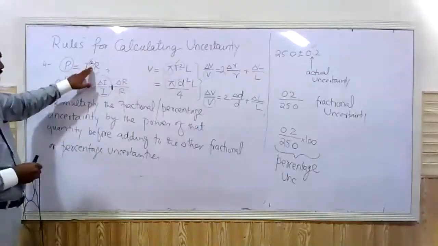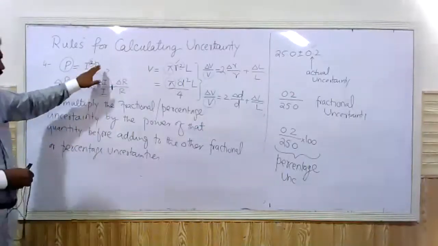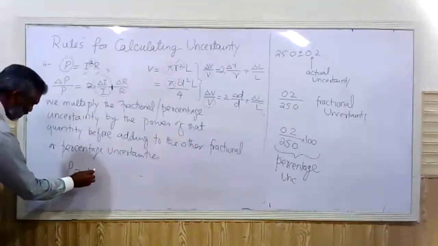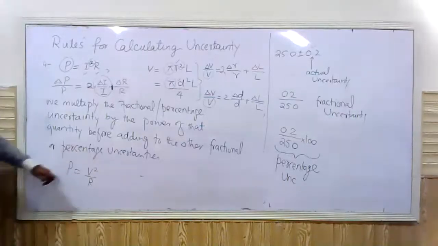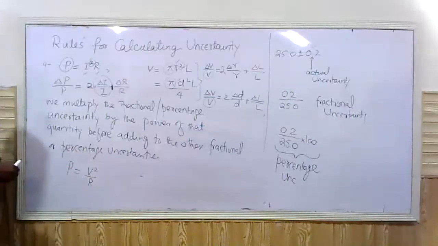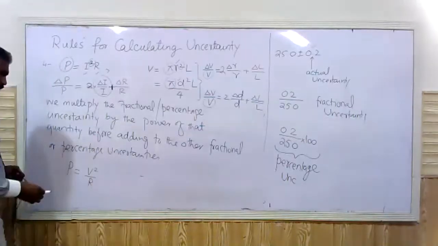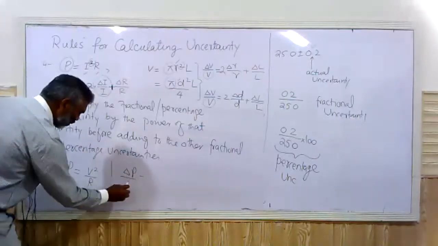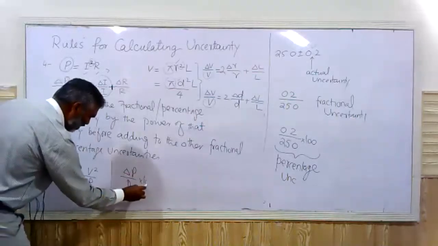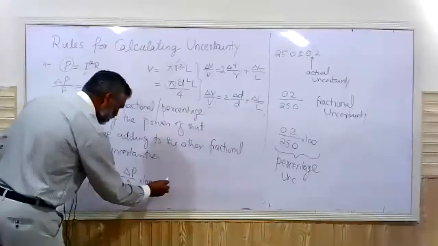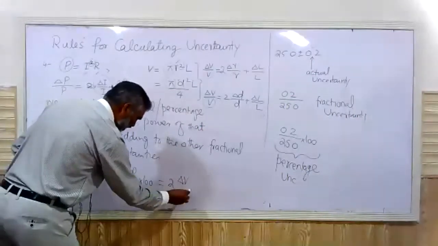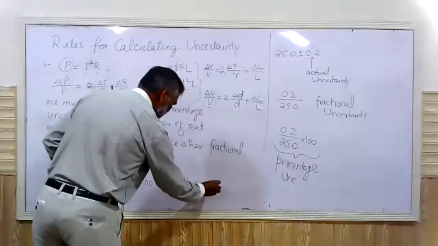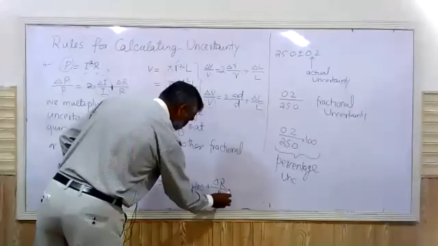If this power instead of here was on this, let's say there is another formula for power and this is V square over R. This time it is voltage and this is resistance. So how will you write the formula for this? In terms of percentage, let's say delta P over P into 100 is equal to 2 times delta V over V into 100 plus delta R over R into 100.